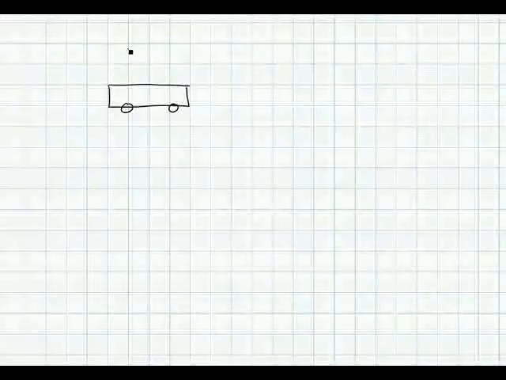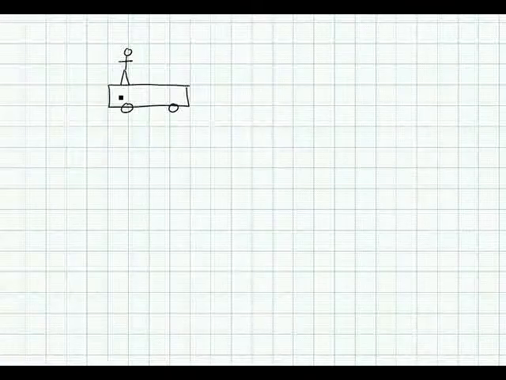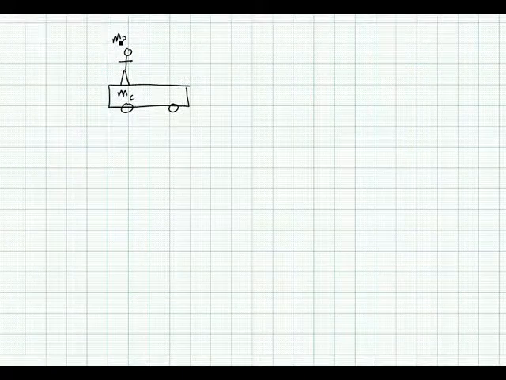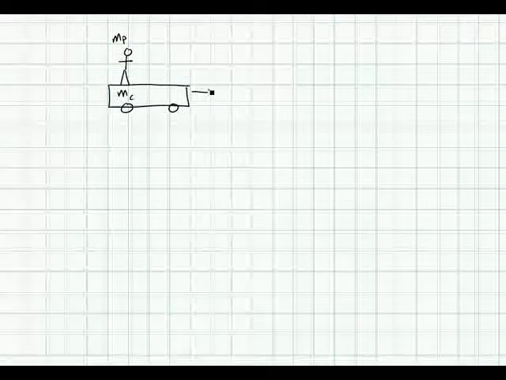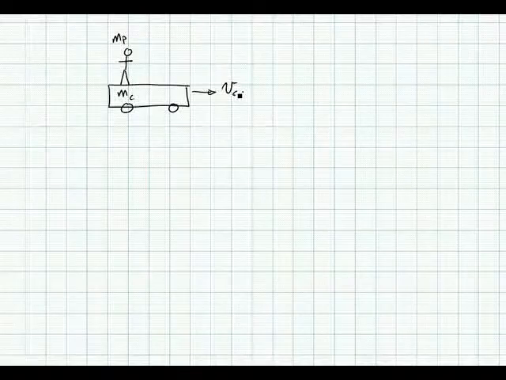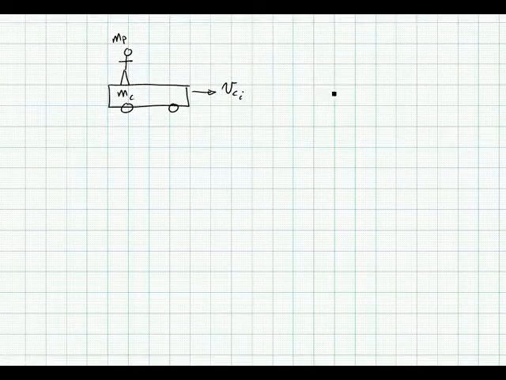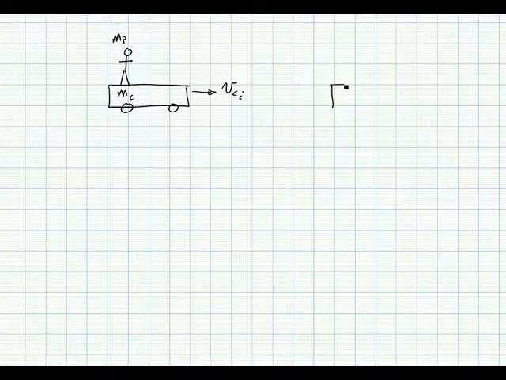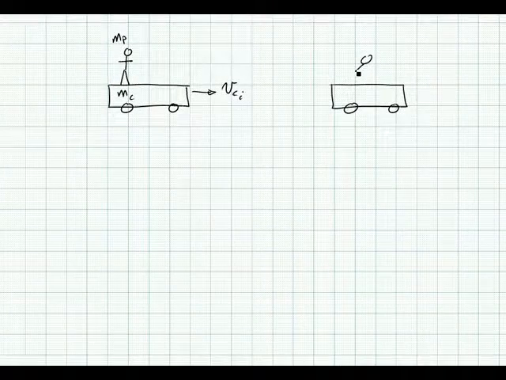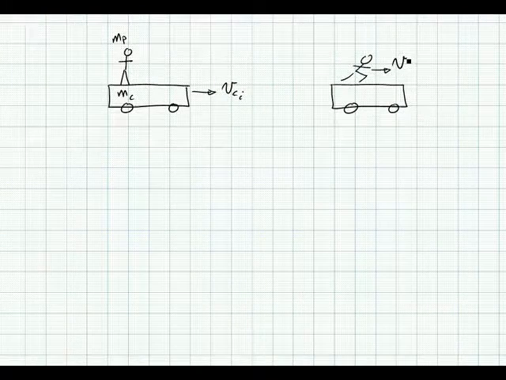So the cart has a mass, the person has a mass, and let's say the cart has an initial velocity and the person is standing at rest with respect to the cart initially, and then the person starts running towards the other end of the cart with some velocity.